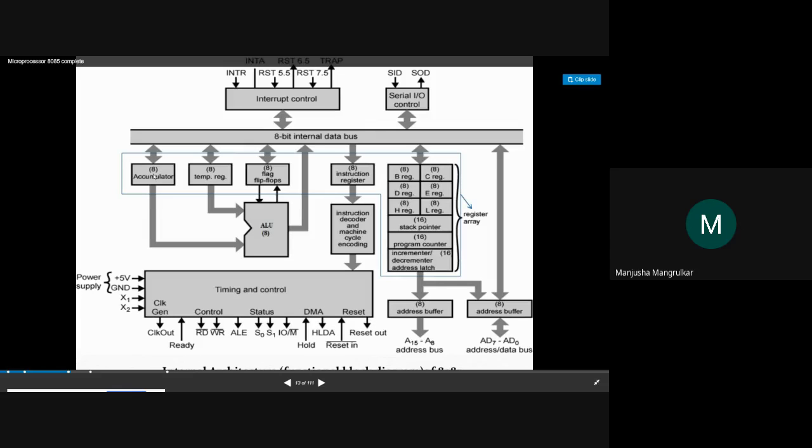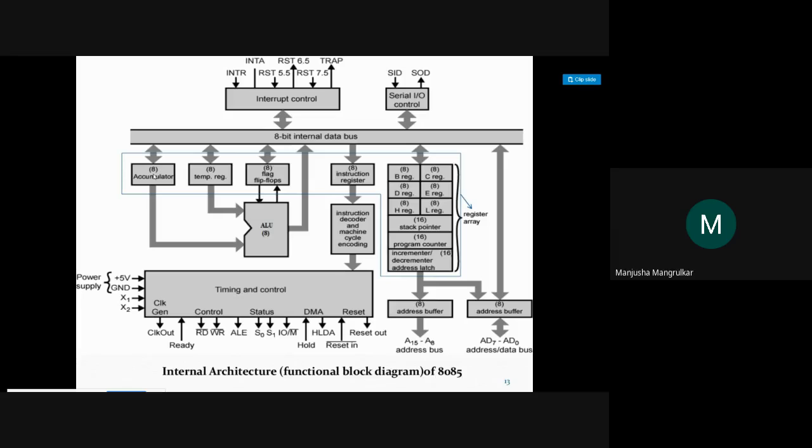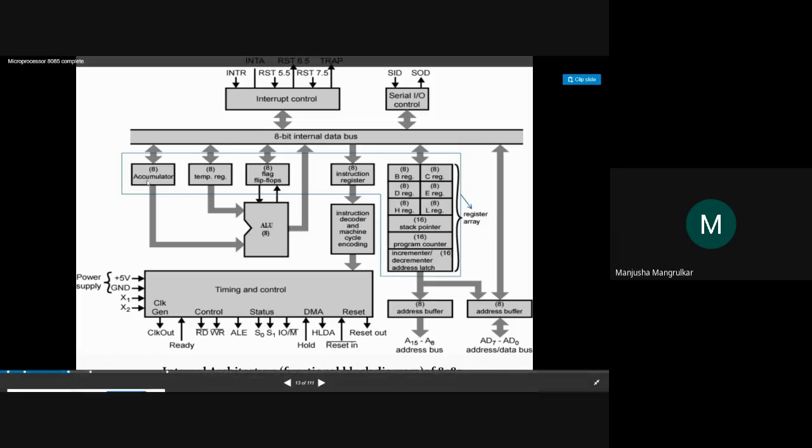But this temporary register is for the microprocessor's own performance. Suppose you want to add data using the instruction ADD B. That means the accumulator data is added with the B register data and the result goes into the accumulator. What is performed? The accumulator has the data, then the B register sends its data into the temporary register. It comes into the arithmetic and logic unit, which performs the operation.